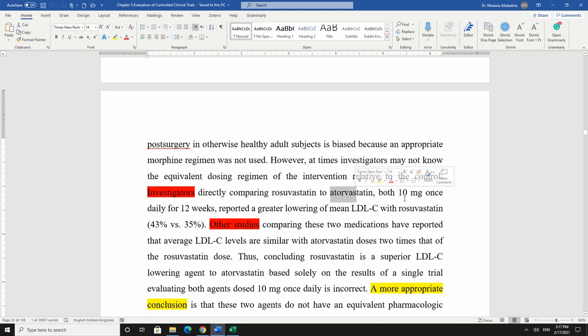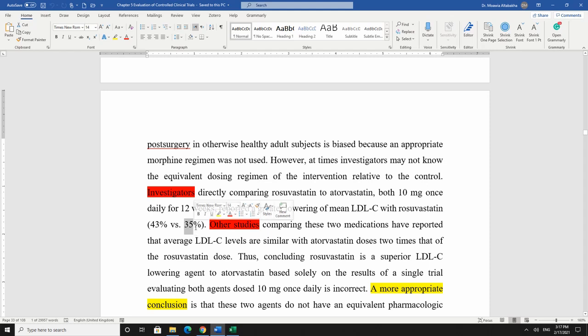Both were given as 10 milligram once daily for 12 weeks. For those who did this comparison, they found that rosuvastatin is better. There is a reduction in cholesterol level by 43% compared with 35% in atorvastatin.